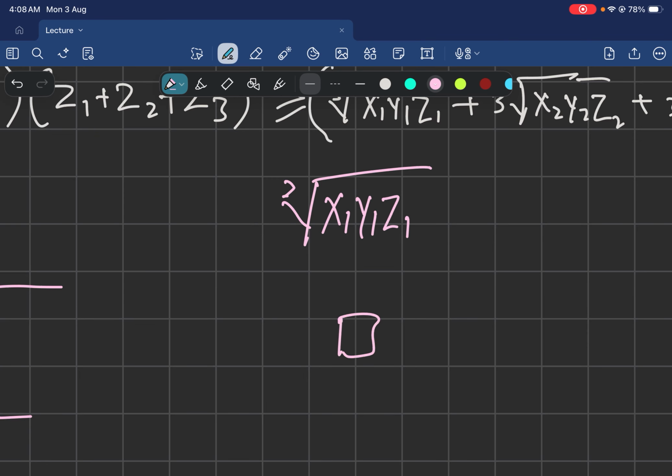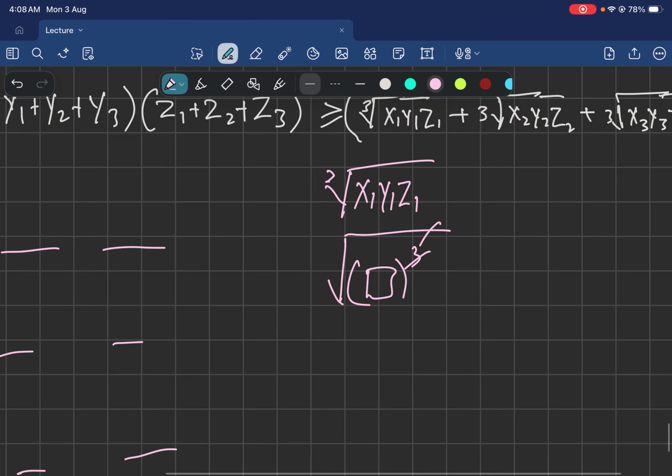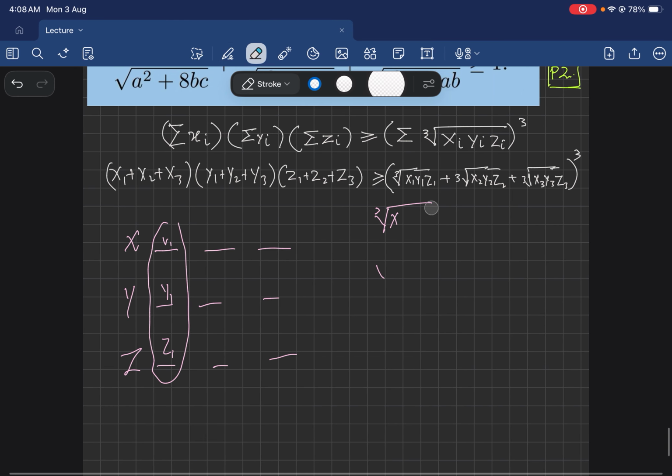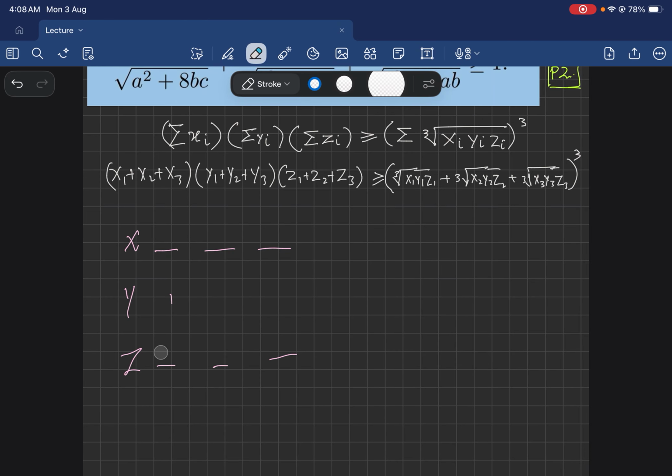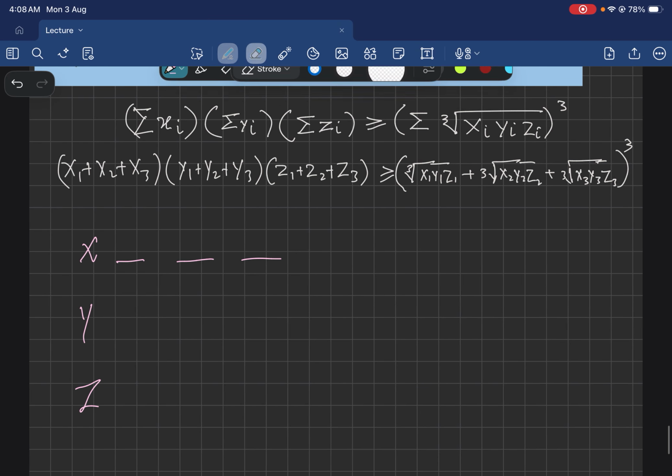Something raised to the power of three, so that the cube root cancels with it and we get a linear term. That should help us while making the sequences.